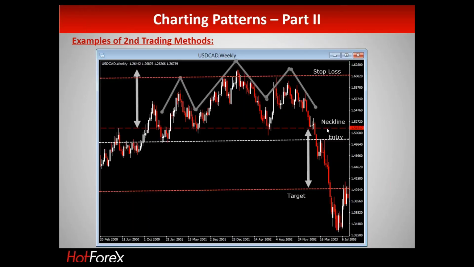That's a good resistance level. It seems quite strong. So I entered the market once I saw that it consolidated. That was my entry point. Again, as I'm repeating myself, the target is at the same distance as the distance from the neckline up to the head.